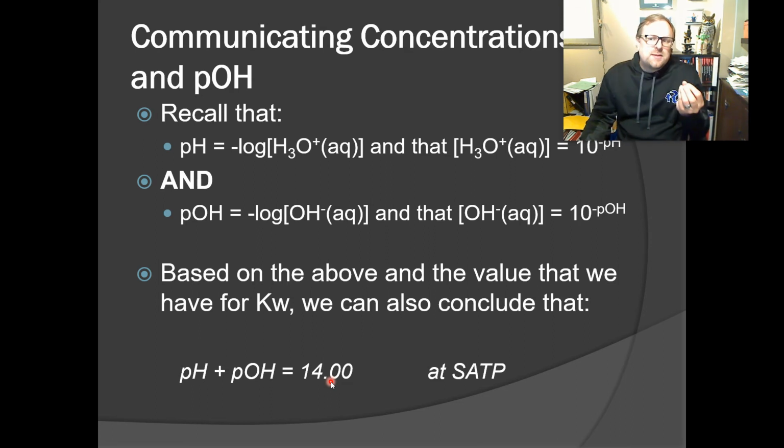I won't go into the math behind that, but if you wanted to go and figure it out, you could, and it's relatively easy if you just think of working with these equations here and playing around with it a little bit and seeing what you're sorting out. Turning your hydronium ion concentration into a pH, turning your hydroxide ion concentration into a pOH, adding them together, you're going to get 14 no matter what you do. It's kind of fun.